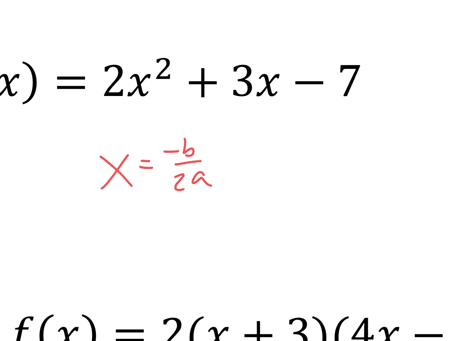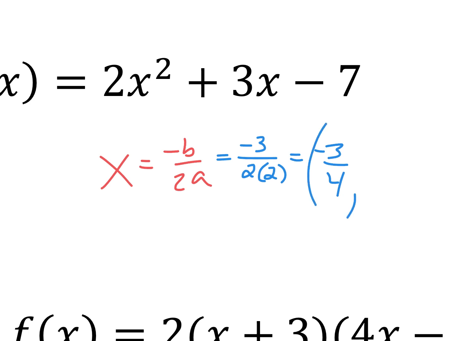So negative b would be over 2 times a, which is? So what's my final answer? It's 3 over 4. You forgot the negative. Negative 3 over 4. That's the x of the vertex.